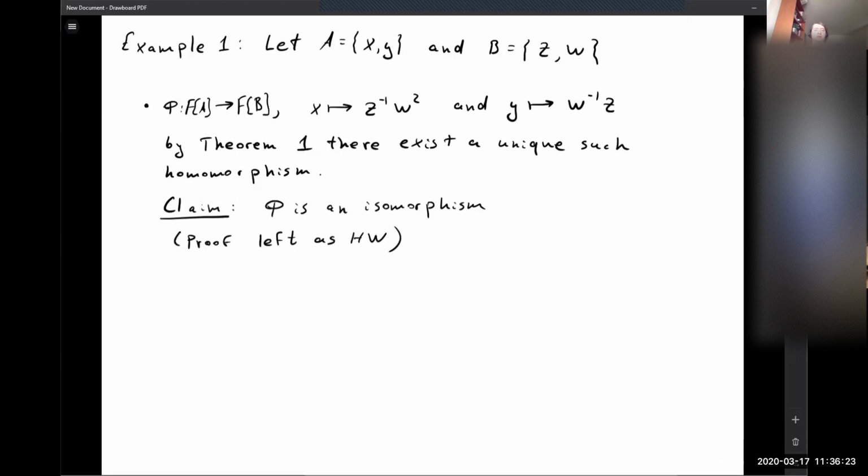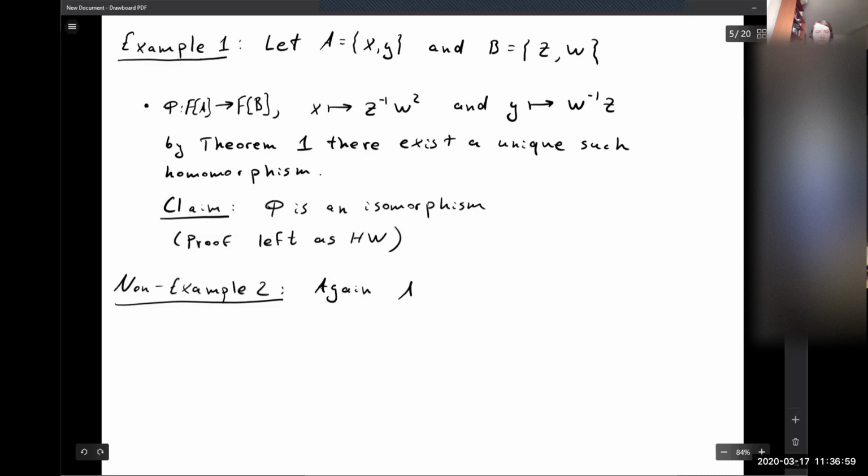So the story about the isomorphisms of free groups is actually not that easy, that you just identify letters of the alphabet between the free groups. There exist much more complicated isomorphisms, and in this regard, let me talk about a non-example. So again, A will be the same alphabet with 2 letters, and B will be the same alphabet with 2 letters.